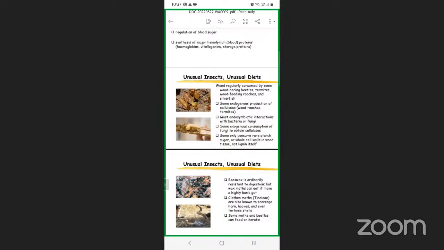Carnivore insects are of three types. Predators. Predator insects capture and eat many living animals.